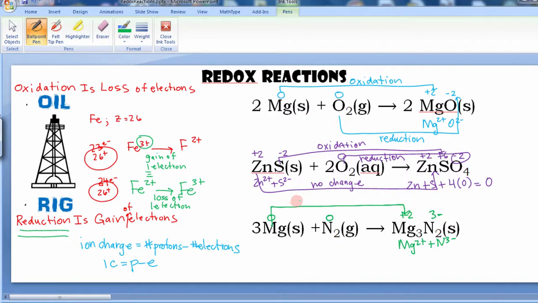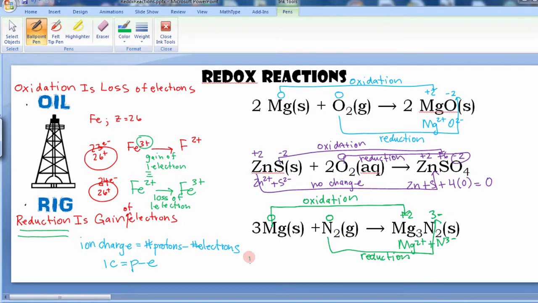The oxidation number goes up, so it undergoes oxidation. Nitrogen goes from a 0 to a what? -3. The oxidation number goes down. It undergoes reduction.